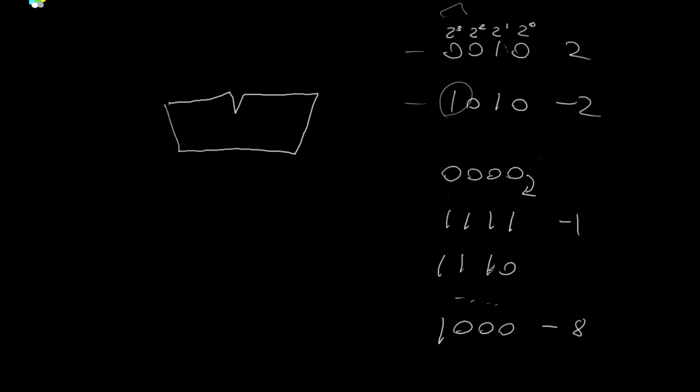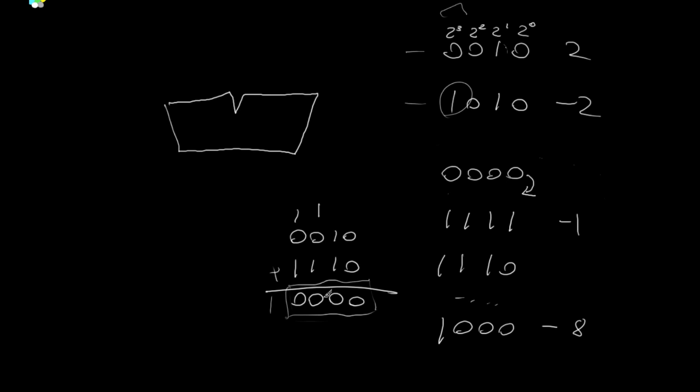So let's say we want to add 2 and negative 2 together. We take this and this, add them together, 0, 0, 1, 0, 1, 0, and we carry out a 1. But as we can see, in the 4-bit result, the result is 0, which makes sense, right? 2 plus negative 2 should equal 0.